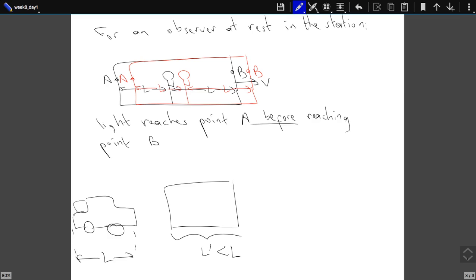They have different meanings for simultaneity. They are both correct, and there's no paradox with that. They are correct at the same time, simultaneously. This is not frame dependent.